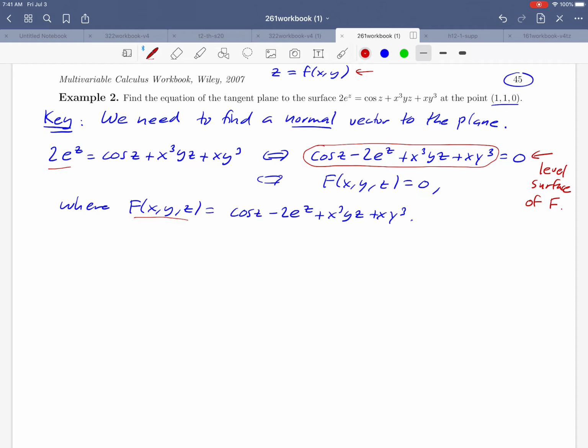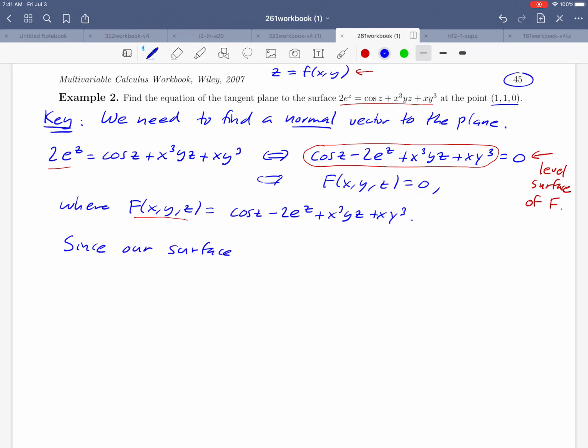Okay, and the reason that that's helpful is we know that gradient vectors are orthogonal to level surfaces. So by identifying this surface that we started with as a level surface, it gives us a way to find a normal vector by calculating a gradient. Okay, so let's put that into words first.